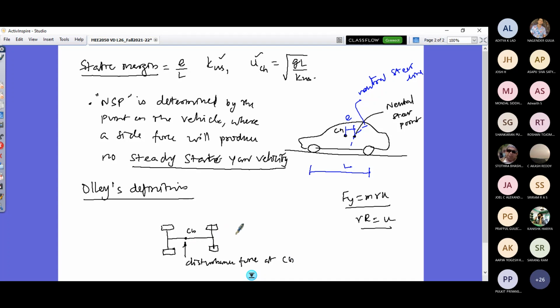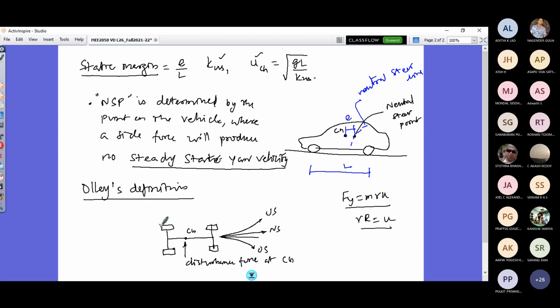From the top view, this is my forward direction of the vehicle. A neutral steer tendency vehicle would go in a straight line like that. If it is an understeer tendency vehicle, it would go in this direction. If it is an oversteer vehicle, that would go into the curve, and that is what we have learned, and that would be explained through this Olley's definition.